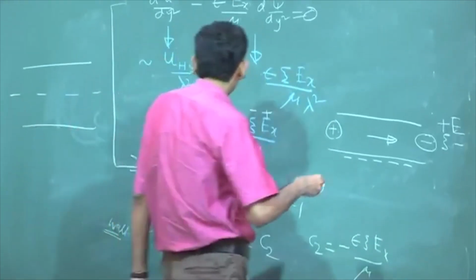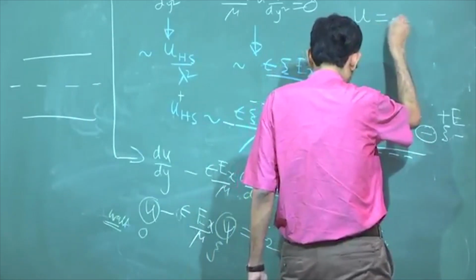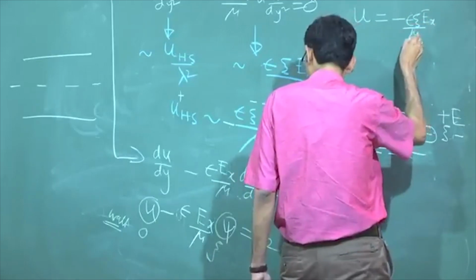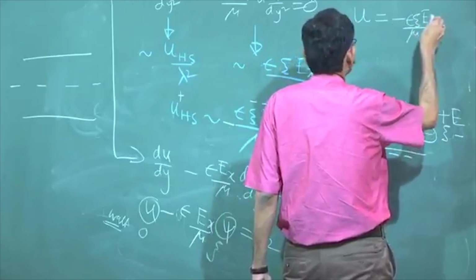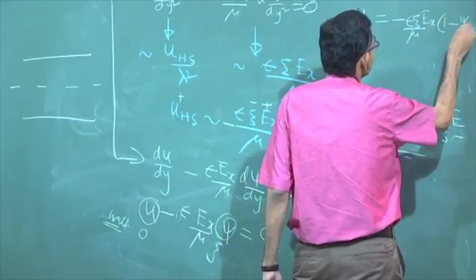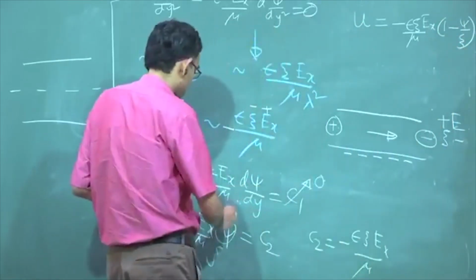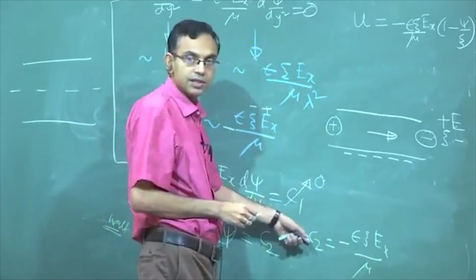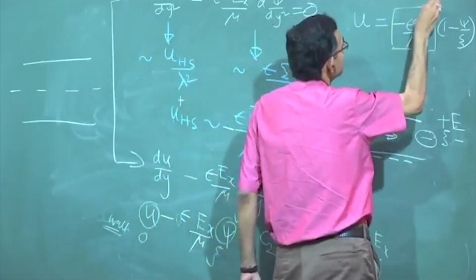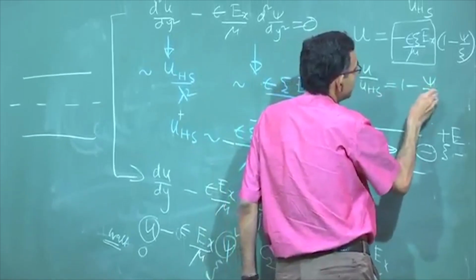So u, from this equation by putting C2, this is nothing but this UHS. So u by UHS is equal to 1 minus psi by zeta.